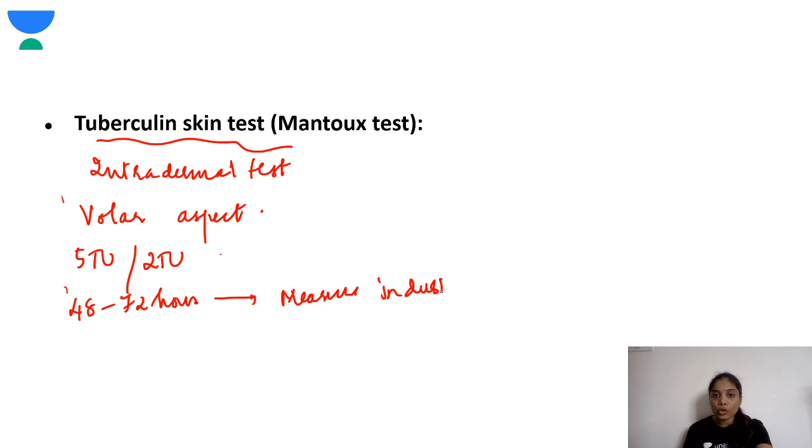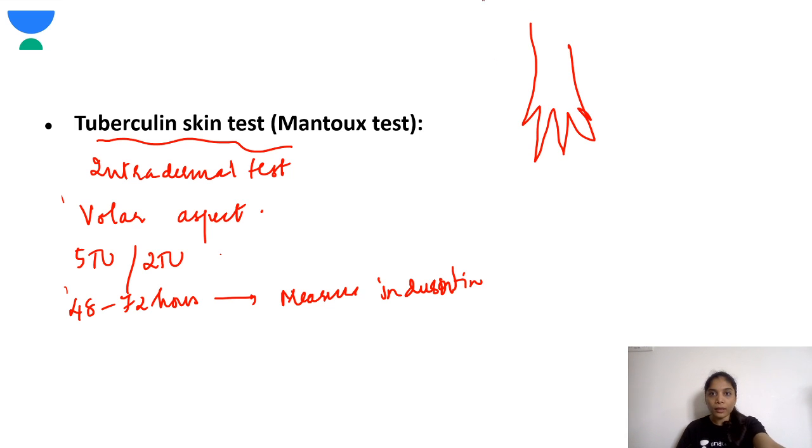The induration should be measured transversely. So if this is the hand and this is the forearm, and you have given the Mantoux test, and the induration happens like this, you have to measure it transversely, against the longitudinal axis of the arm.